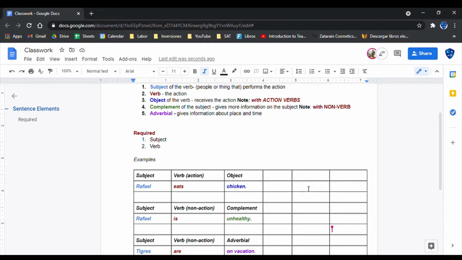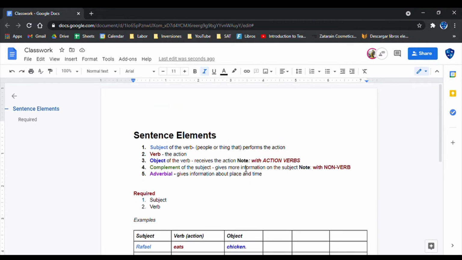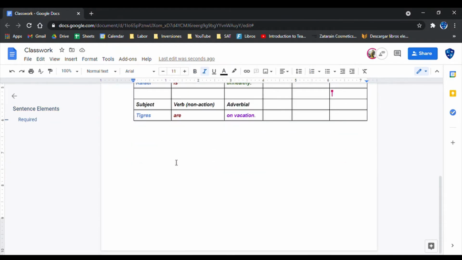Okay, so now we're going to talk about something that's more difficult, but it is required to understand. Let's copy this little part here. We're missing one. Okay, so we're going to take this and put it down here.